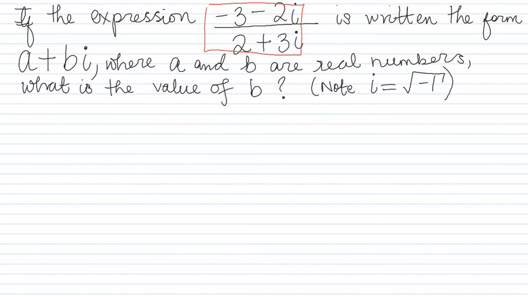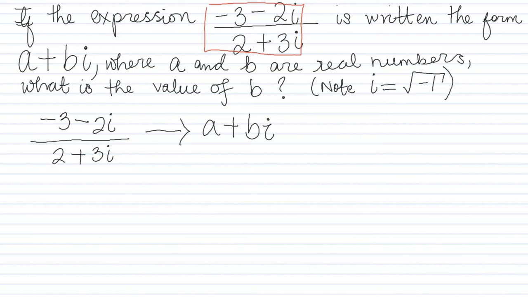So what the question is asking us to do is take the complex number in the red box, which is actually a fraction, and if that is written in the form a + bi, where a and b are real numbers, we should find the value of b. So this is basically what the question asks us.